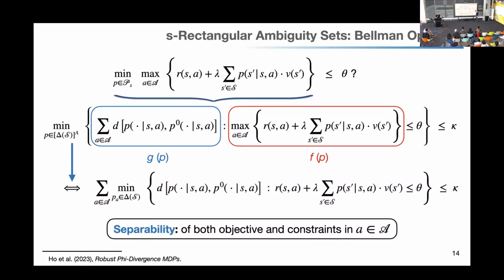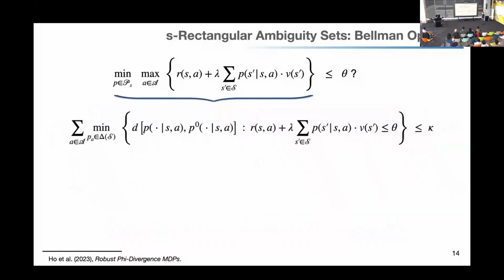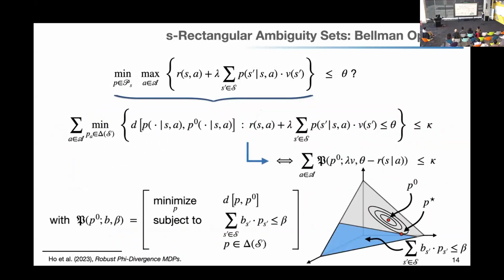So this problem is actually equal to the sum of A smaller problems that only operate over a single probability simplex, as opposed to an A-fold cross product of probability simplices. And this resulting problem actually has a very intuitive interpretation.